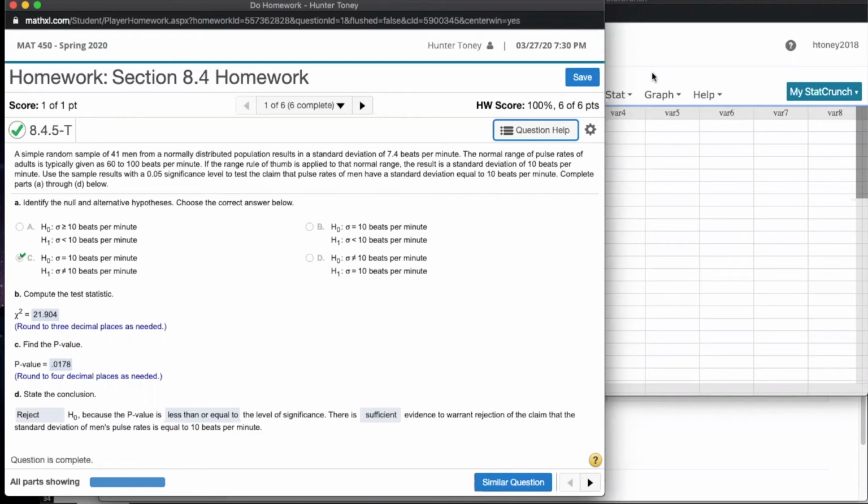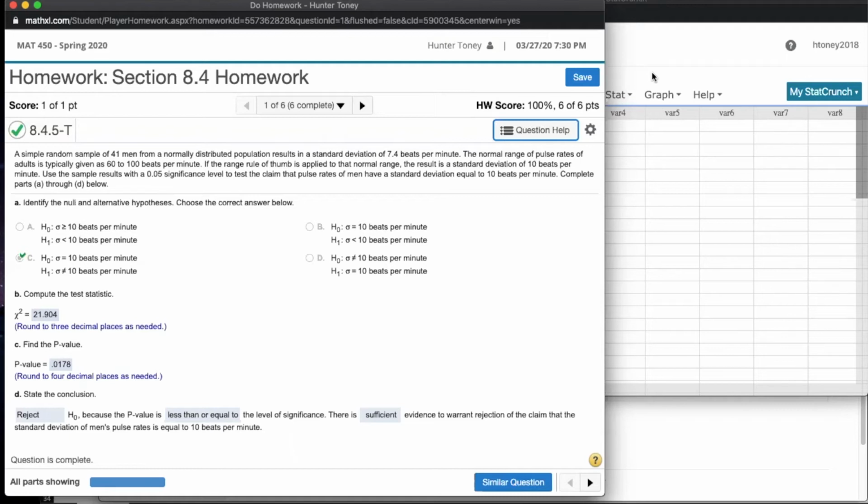The normal range of pulse rates of adults is typically given as 60 to 100 beats per minute. If the range rule of thumb is applied to the normal range, the result in a standard deviation of 10 beats per minute. So you don't have to do the range rule of thumb calculation. They do it for you, which is nice.